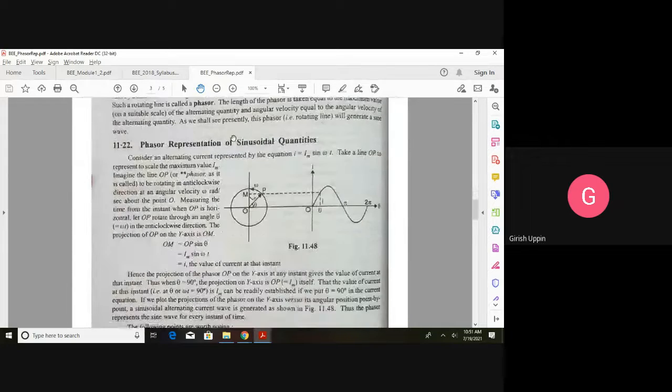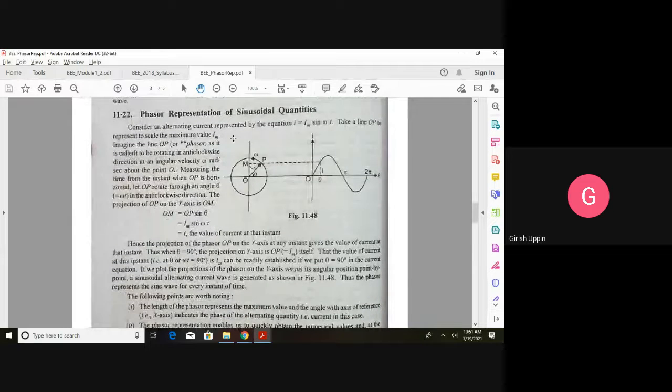Now, phasor representation. Understanding phasor representation is very, very important, so that you can understand the AC circuits R, L, C, RLC, RL and RC very, very easily. Think of this as OP. OP is on the x-axis, and the length of OP is exactly equal to the peak value.